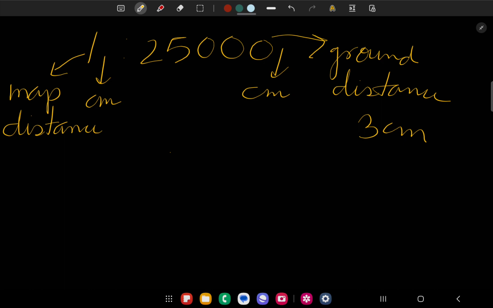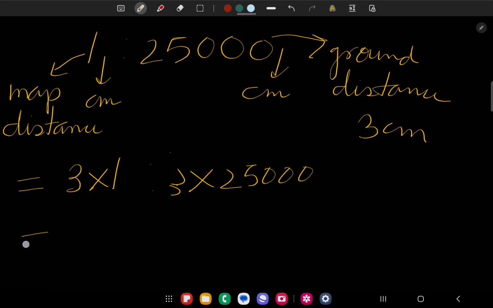easily we can find it out by multiplying. Here it will come like this: 3 into 1 is to 25000.